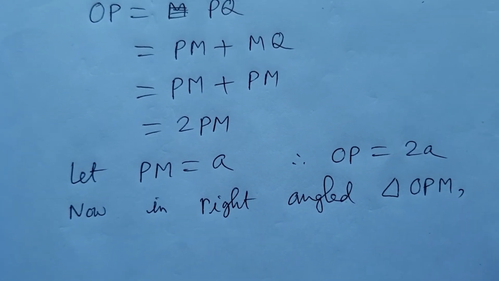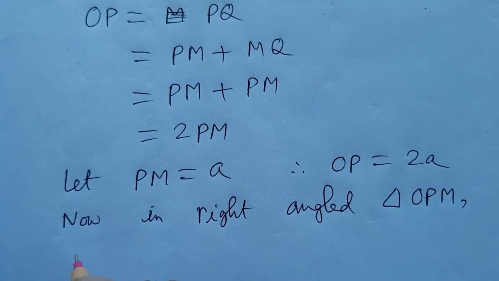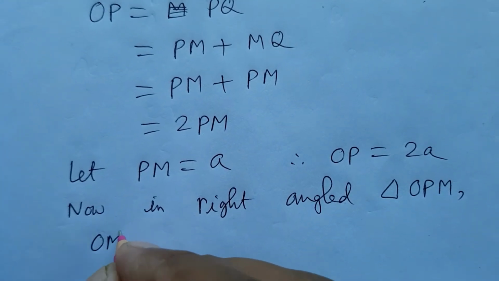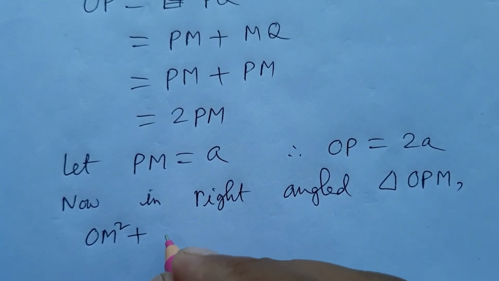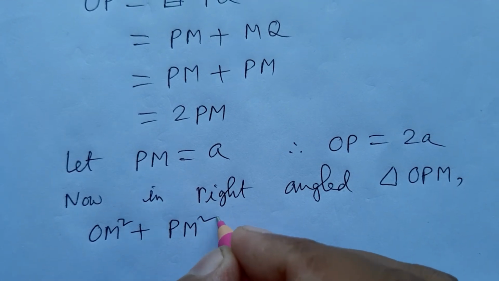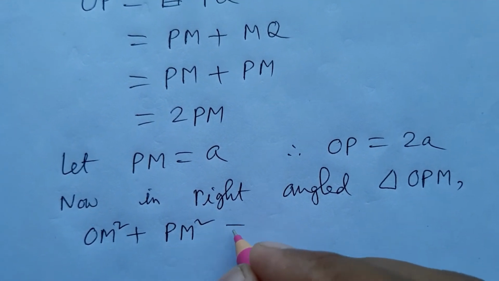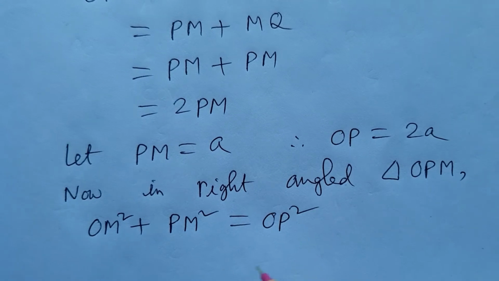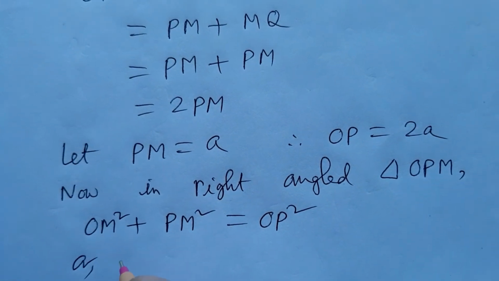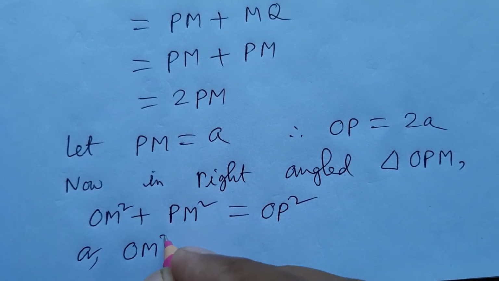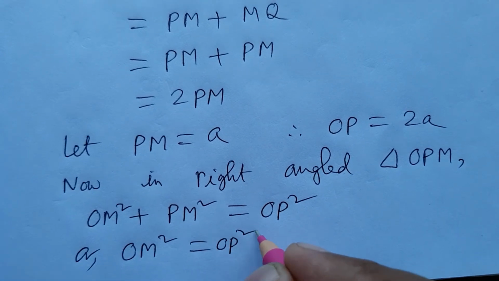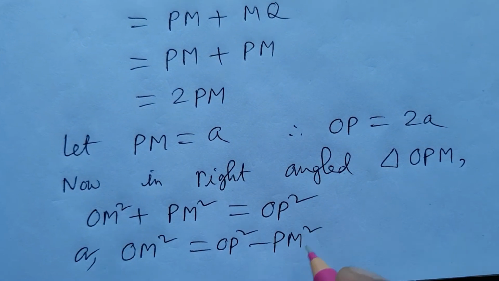according to Pythagoras theorem, we can write OM square plus PM square is equal to OP square, or OM square is equal to OP square minus PM square.